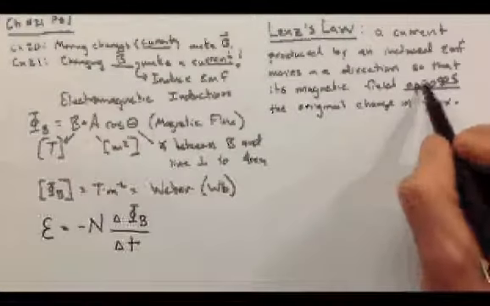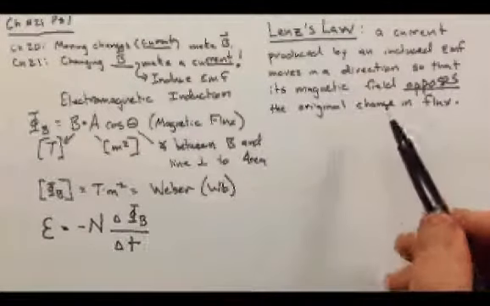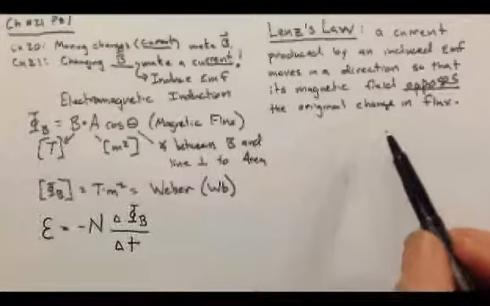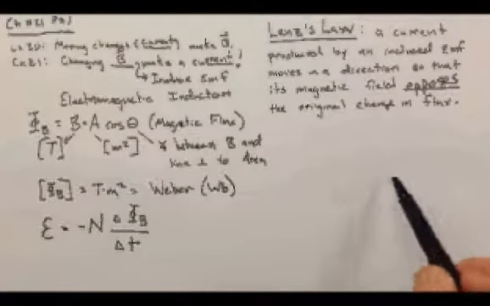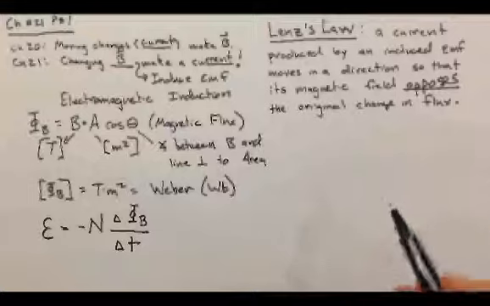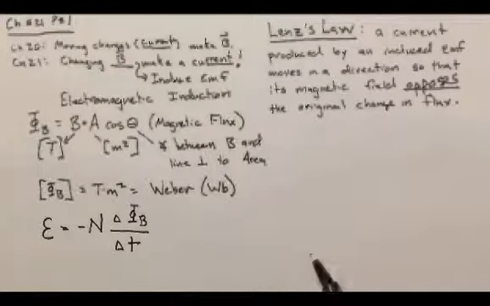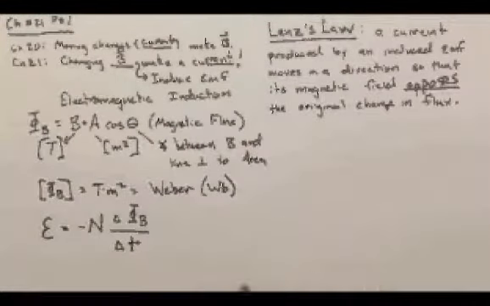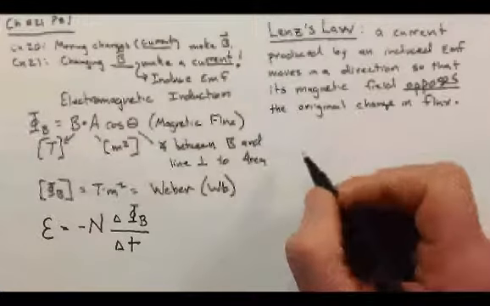This is a lot of words to basically describe whether a current goes around a coil one way or the other way when I introduce a magnetic field. And we're going to save that for a class demonstration.